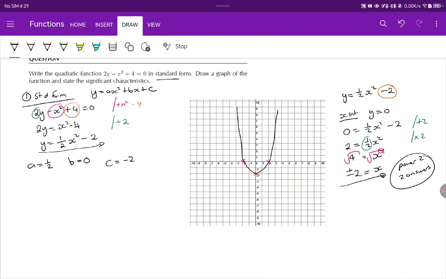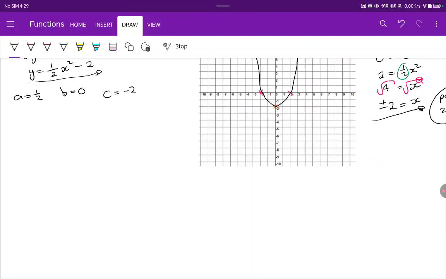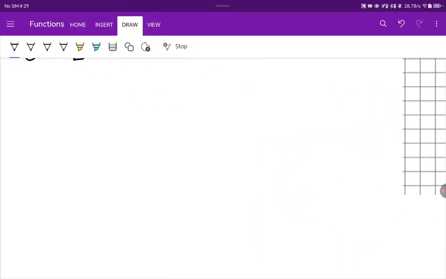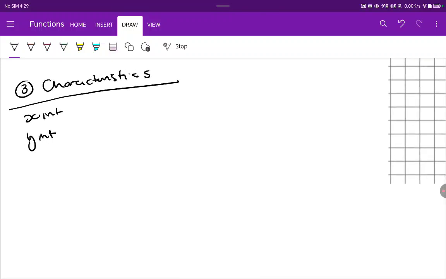Now, what characteristics do you need to know of a quadratic function? Let's start with what we had initially, right? If we're talking characteristics, I would start with my x-intercepts and my y-intercepts. The other thing, we don't have a gradient, right? But there are other characteristics.